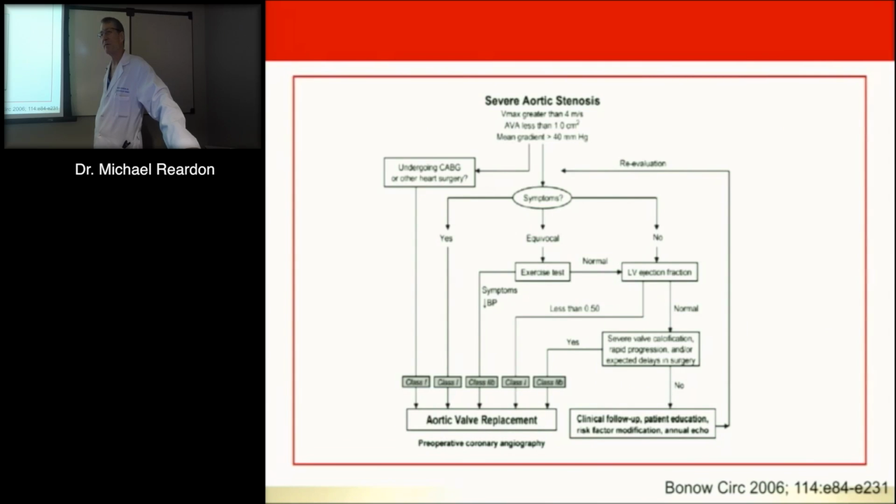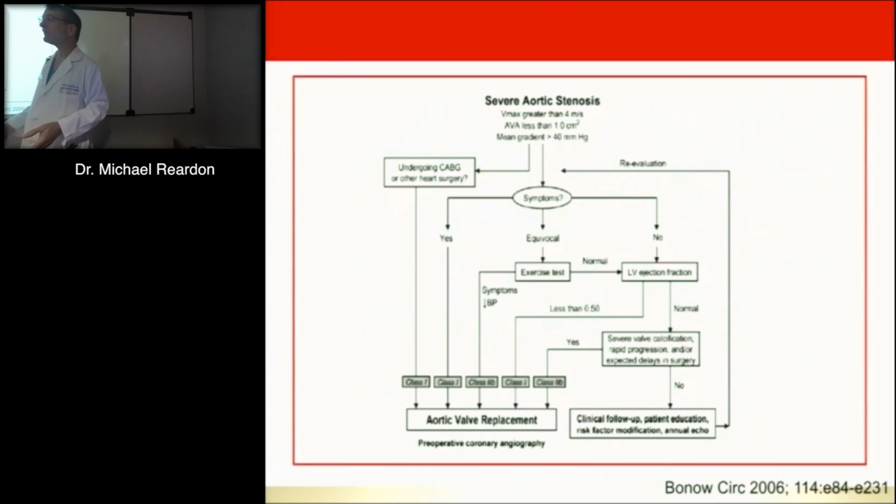What do you do with that patient? Augment the stroke volume. You do what? Stress does augment stress. Yeah, well, okay, so you do a stress echo, right? And so what can happen on a stress echo? Well, you can increase your stroke volume, and if you increase your stroke volume and you have aortic stenosis, what should happen? Your gradient should go up.